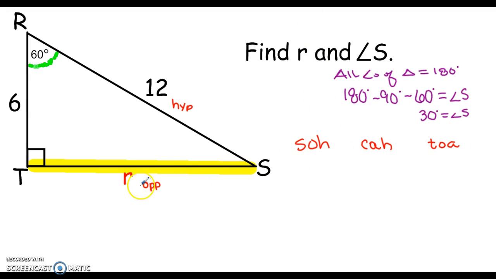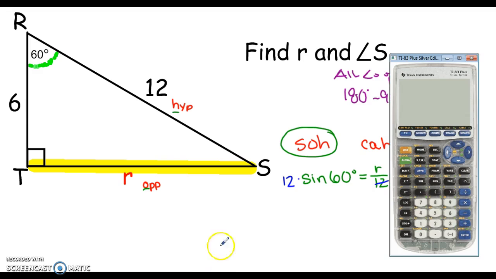But I'm looking at which one has the opposite and the hypotenuse, and that, of course, is sine. So the sine of our angle 60 is the ratio of the opposite over the hypotenuse. And since we're dividing r by 12 on the right hand side, we can multiply both sides by 12 to cancel out and get r by itself.